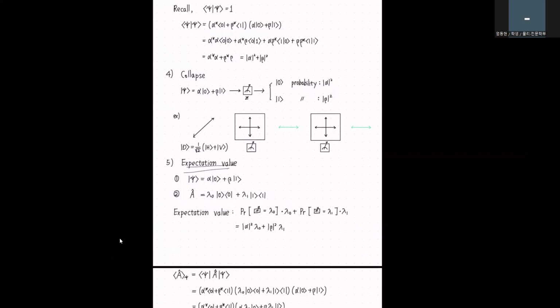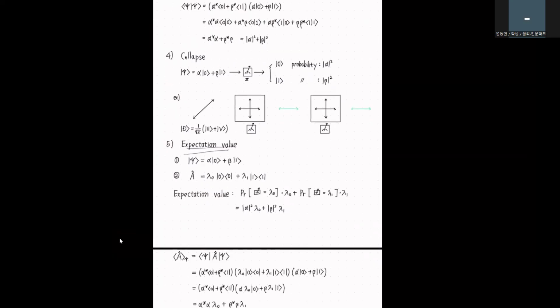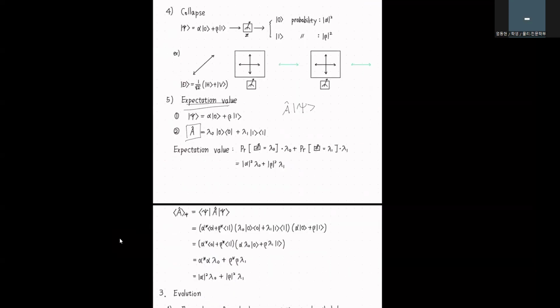So let's say that we have our observable A. And then we apply this observable onto our quantum state. Now, we choose to take the inner product with the quantum state again.